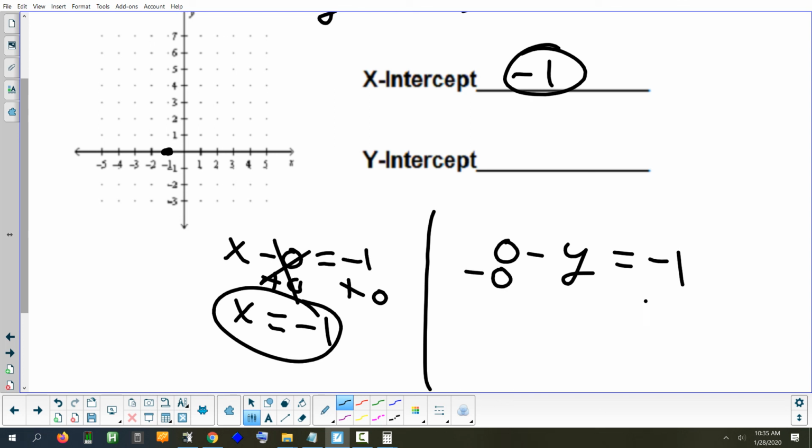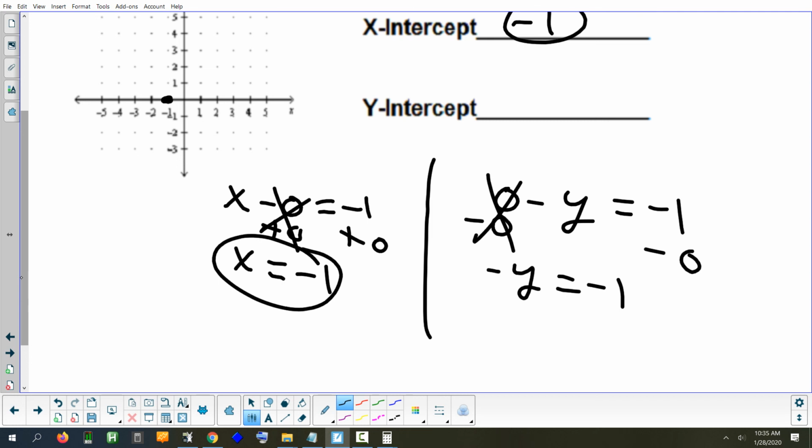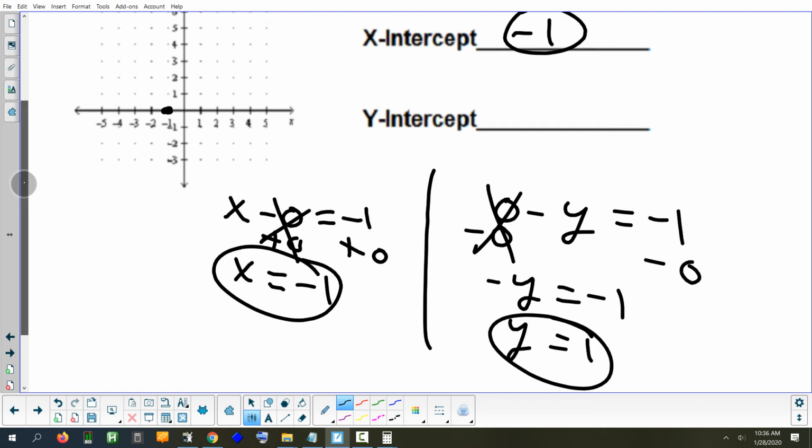Okay, you could minus 0, that doesn't even really do anything. -y equals -1. So if -y equals -1, what's y? Positive 1. Just divide each side by -1. So y is positive 1.